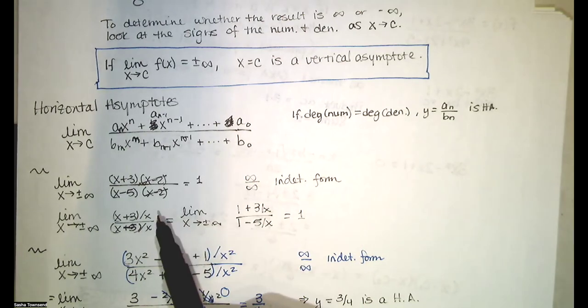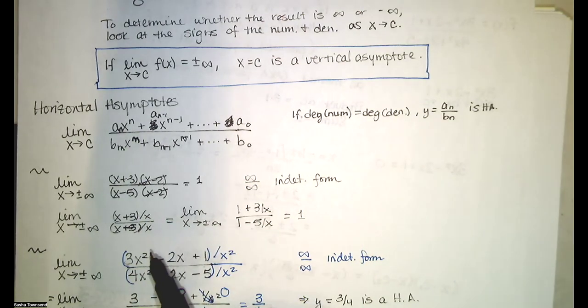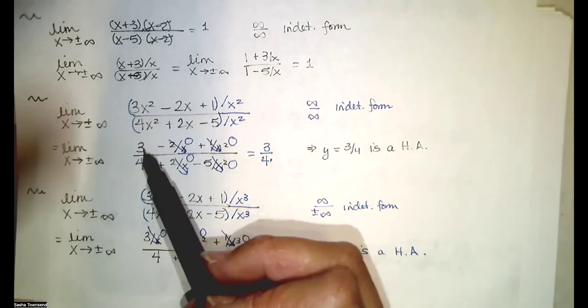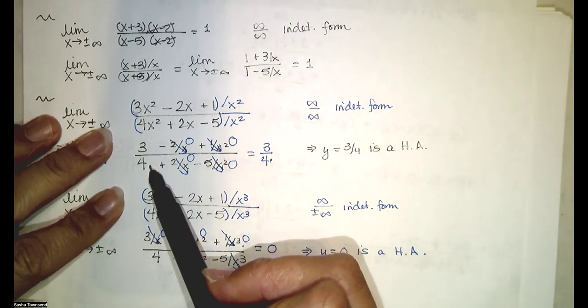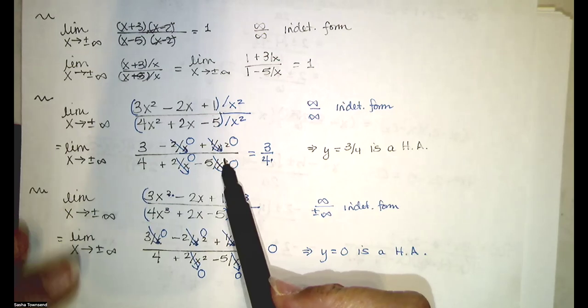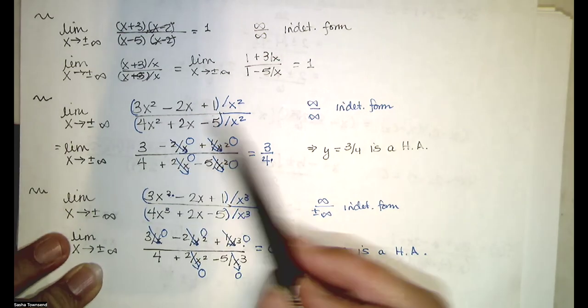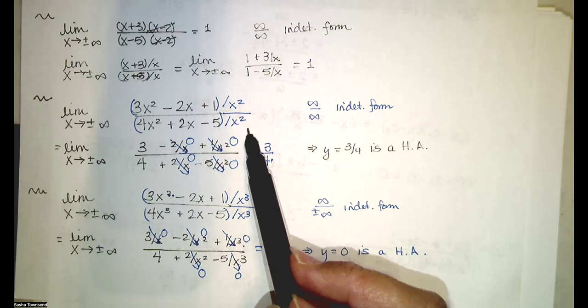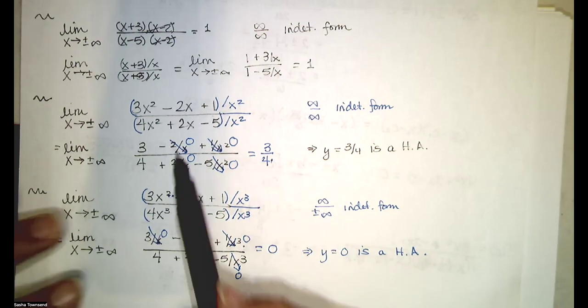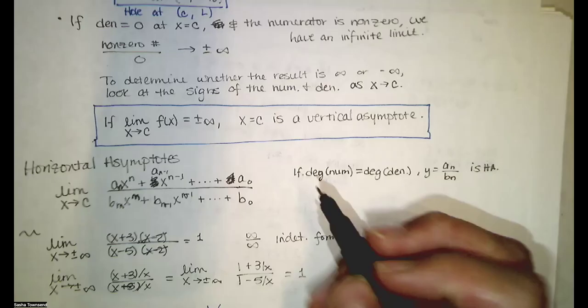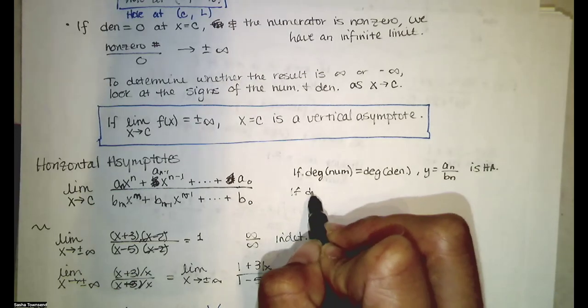And that's because when we divide by the highest power of x in the denominator, we end up with a non-zero constant divided by a non-zero constant plus a bunch of terms that go to 0. And we do that to get rid of the infinity over infinity indeterminate form.